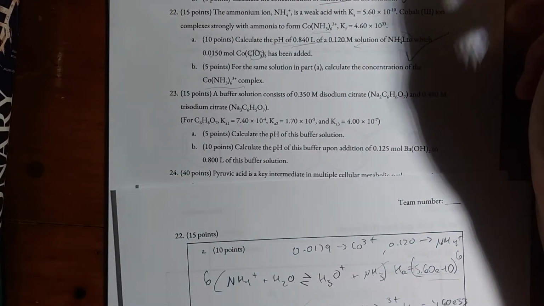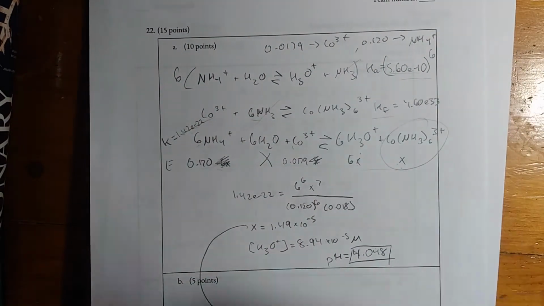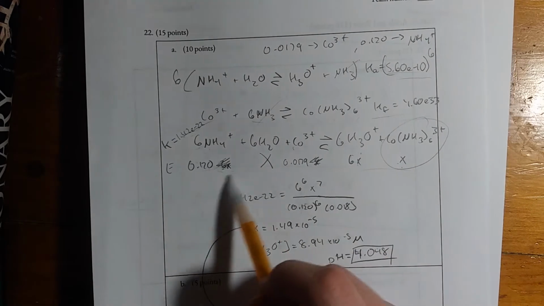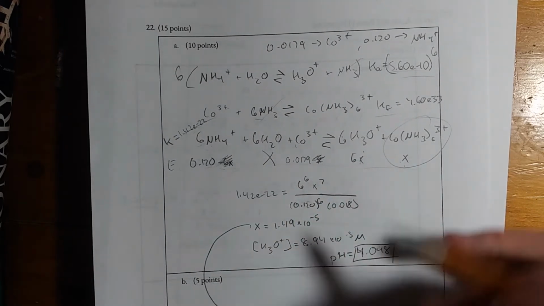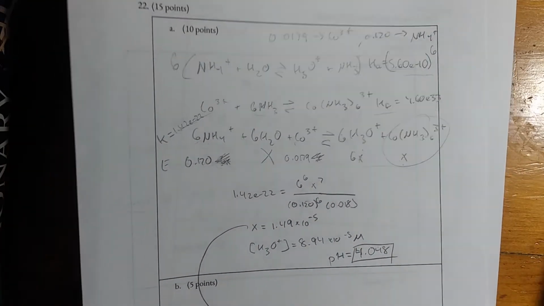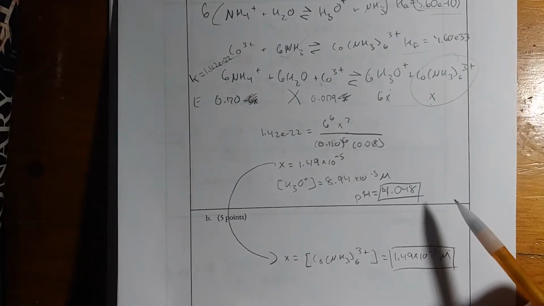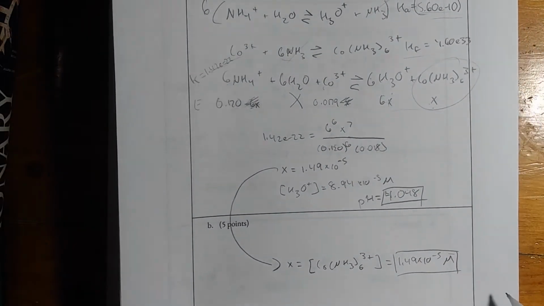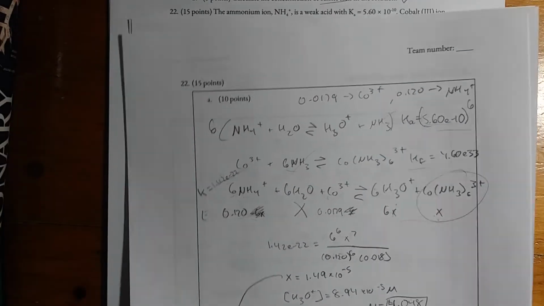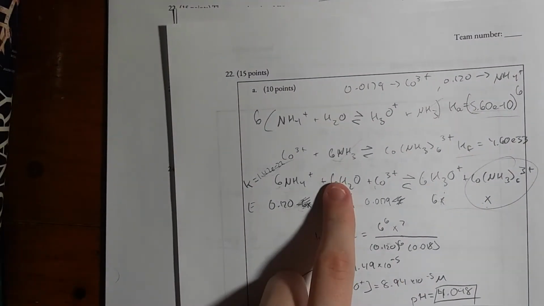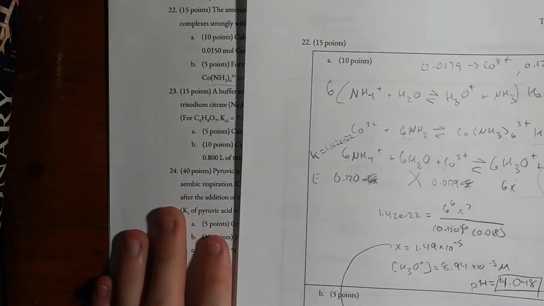We found the pH added by doing our Hess's equilibrium stuff, doing some little X approximations, setting up our equilibrium expression, and then solving for the hydronium concentration and pH. This one we literally could just use a value from the previous part, and it was very easy. So yeah, I think this is pretty straightforward. I think this is definitely something you should be able to do because this is a relatively common question. So yeah, okay, let's move on.